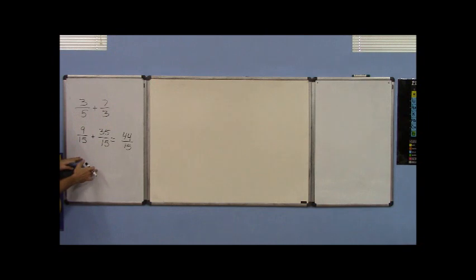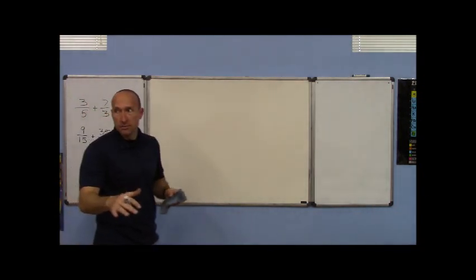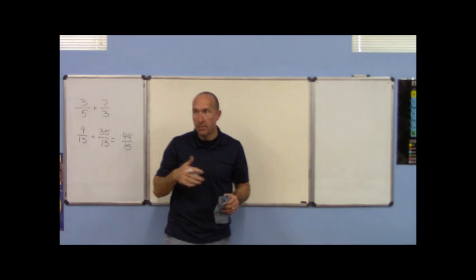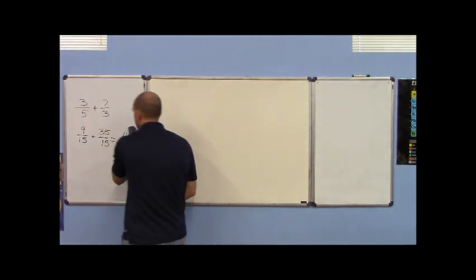Basically what's happening is you are multiplying these two denominators together to get a common denominator, and then you multiply this top number by the other denominator, and this numerator by the opposite denominator, so that you have your common denominator and then you add your numerators. Same denominator, add the numerators. Do not add both the top and the bottoms together. Make sense? Awesome, good job. Very good job.